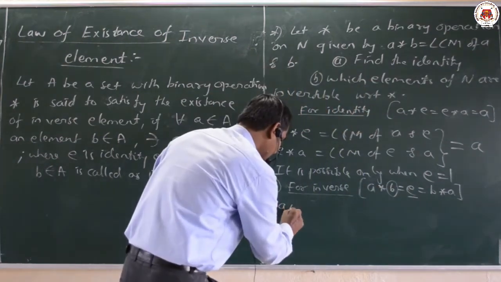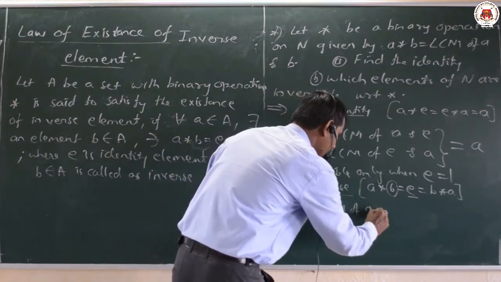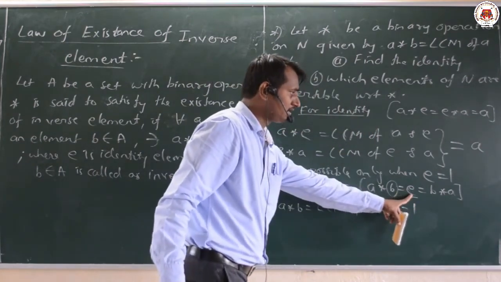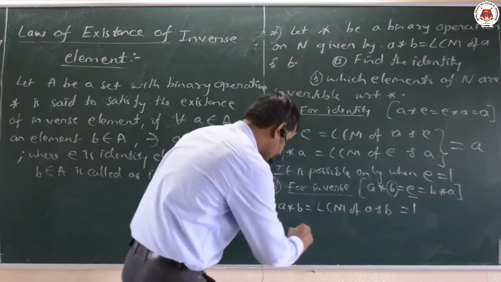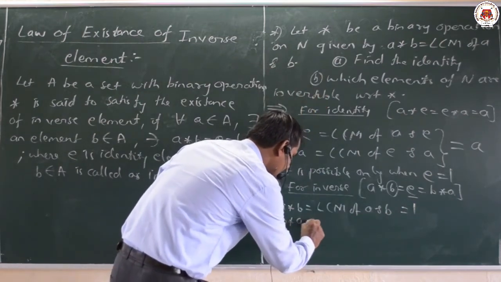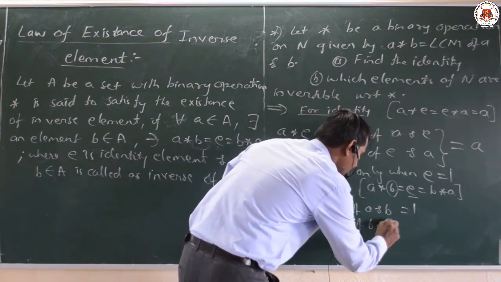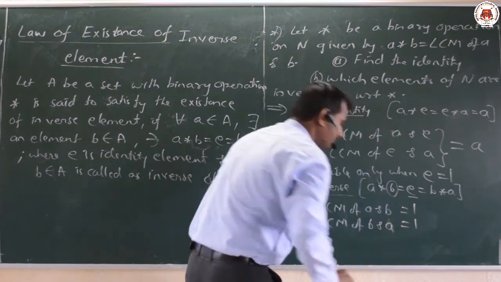Now first of all, a star b equal to LCM of a and b is equal to 1. The value of e, the identity, we already know is 1. Similarly b star a equal to LCM of b and a, which is also equal to 1.